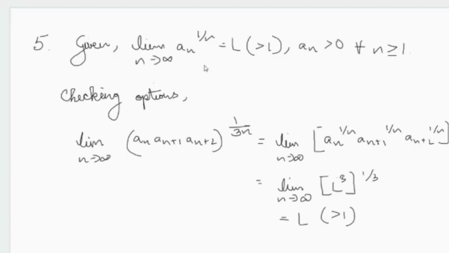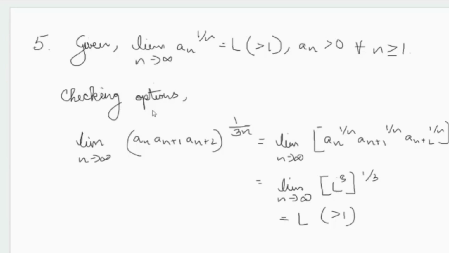Now we'll be using the given fact that the limit as n tends to infinity of a_n to the power 1 by n is L, which is greater than 1. So using that fact, we go on to check the options. First, we check option A. The limit as n tends to infinity of (a_n into a_(n+1) into a_(n+2)) whole to the power 1 by 3n. This is essentially the nth term of the series, and that is equal to the limit of a_n to the power 1 by n into a_(n+1) to the power 1 by n into a_(n+2) to the power 1 by n, all to the power 1 by 3.